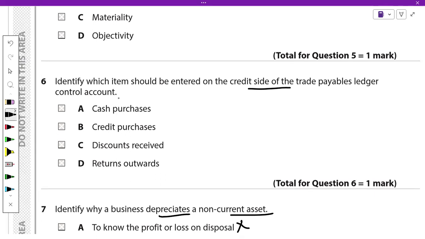Cash purchases would not be recorded in it. Credit purchases, yes, credit purchases would be recorded on the credit side. Discount received would be recorded on the debit side. The return outwards would be recorded on the debit side. So B option is the right option.